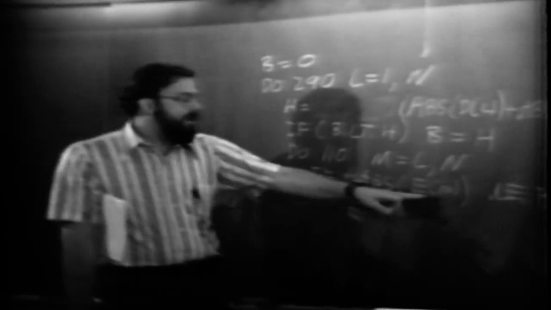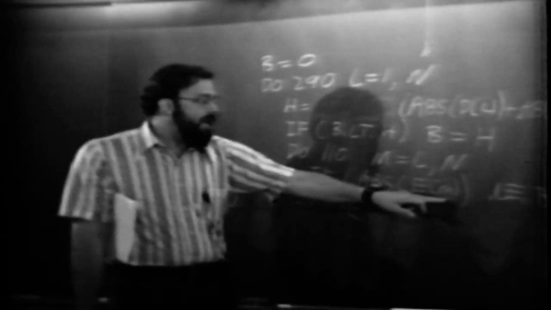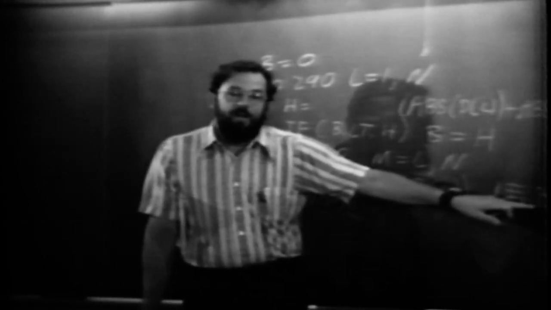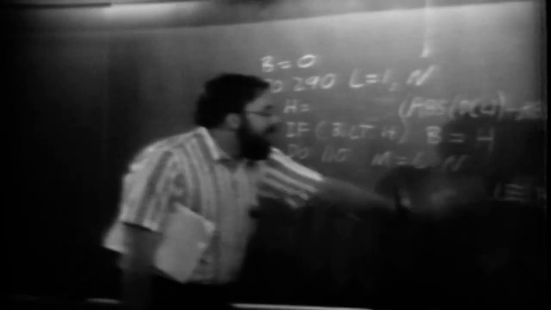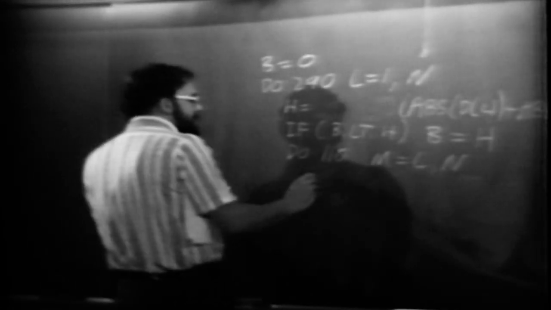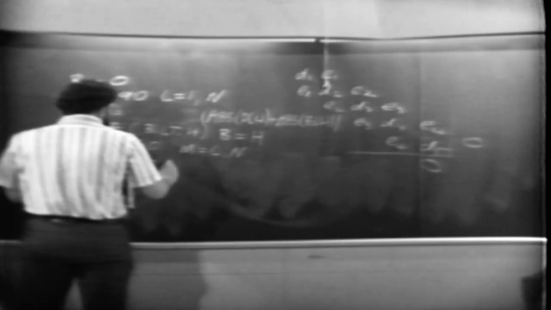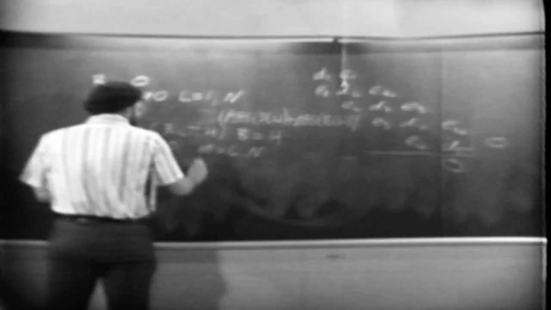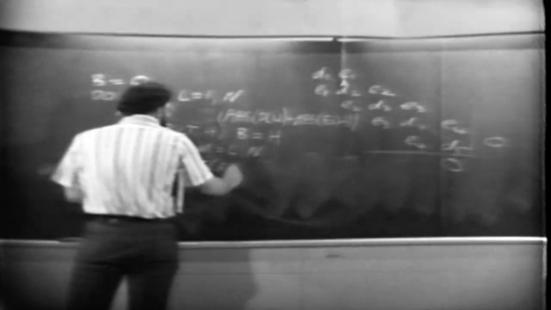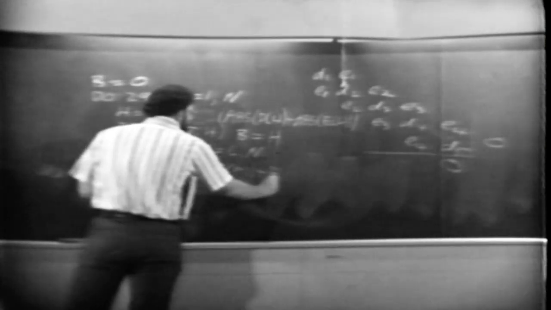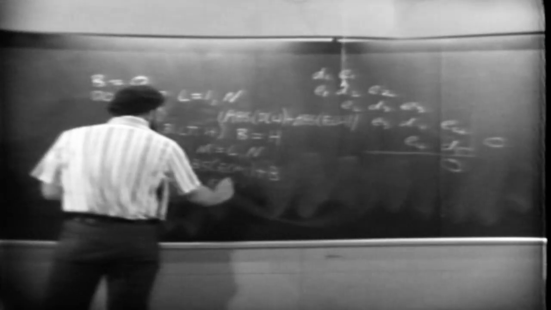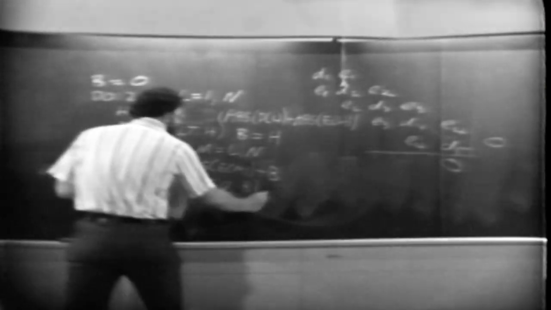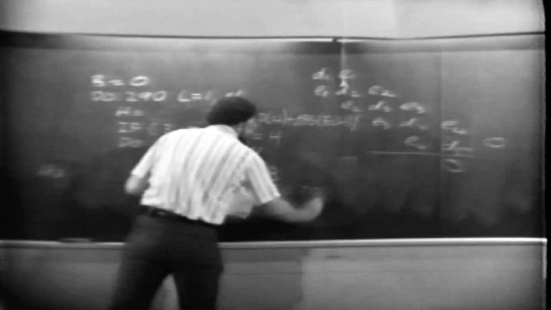And now we want to decide whether E is negligible compared to B. And in order to do that in a machine-independent way, let me put this in. C, for example, is abs of E of M plus B. If C equals B, go to, what was it, 120.